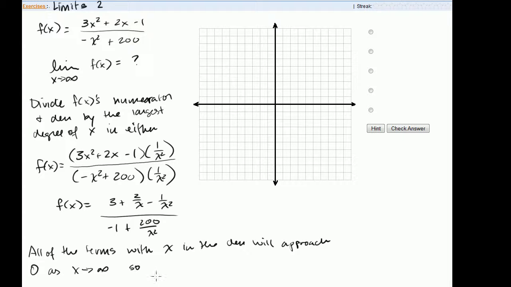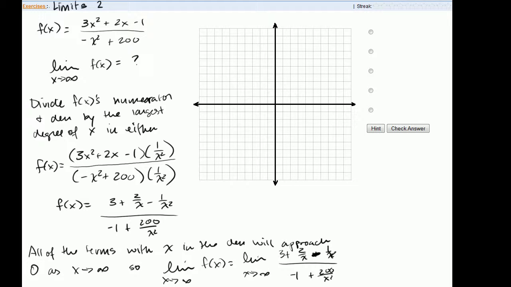And then we'd write the limit as x approaches infinity of f of x is equal to the limit as x approaches infinity of 3 plus 2 over x minus 1 over x squared, all of that over negative 1 plus 200 over x squared.